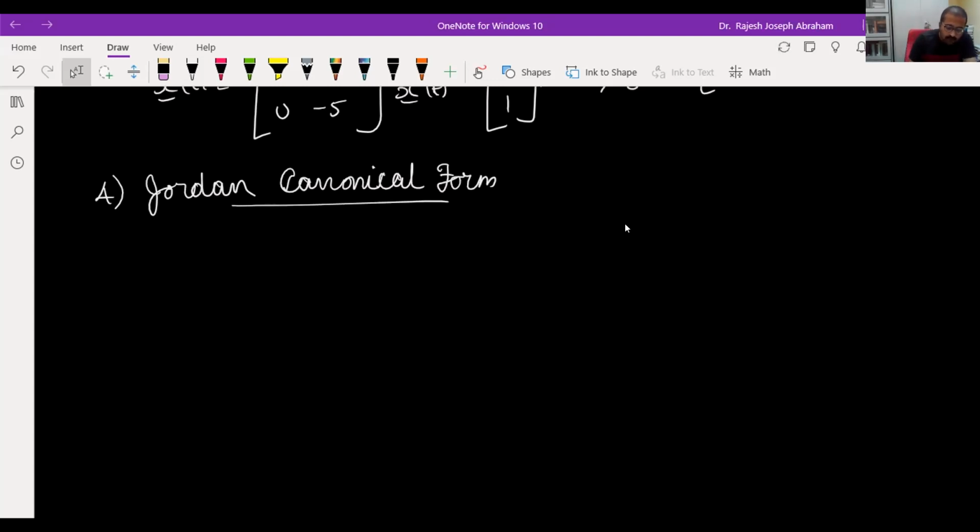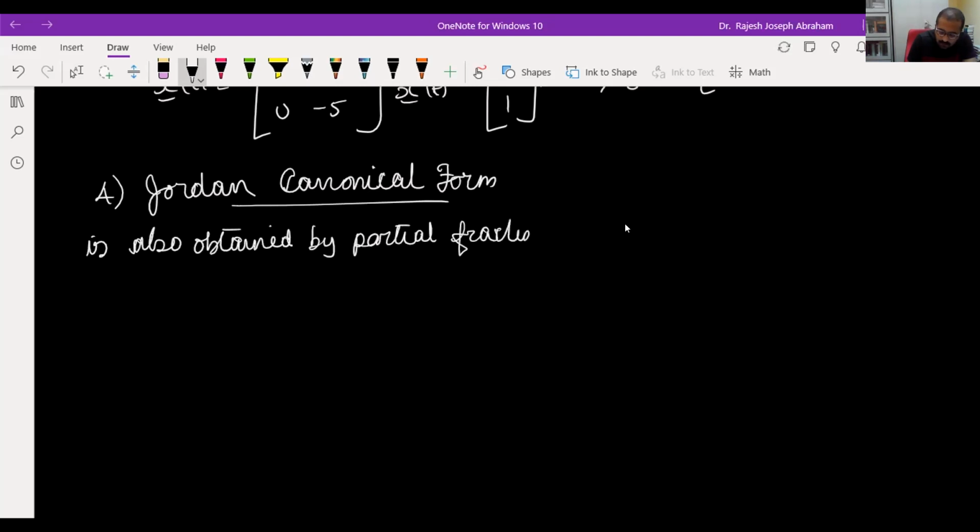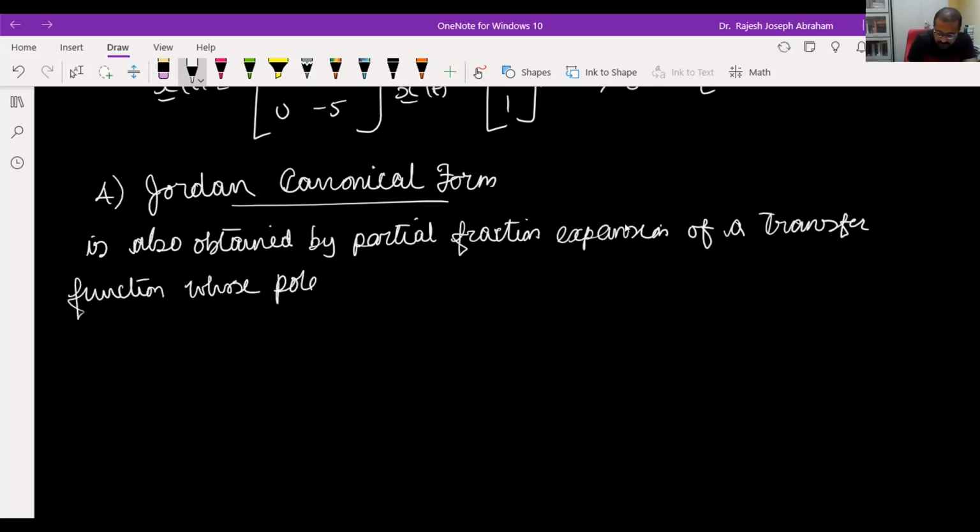Okay, the Jordan canonical form is also obtained by partial fraction expansion of a transfer function whose poles are repeated.